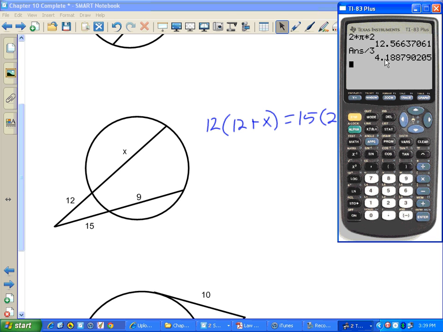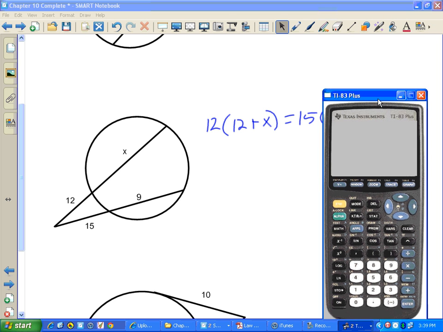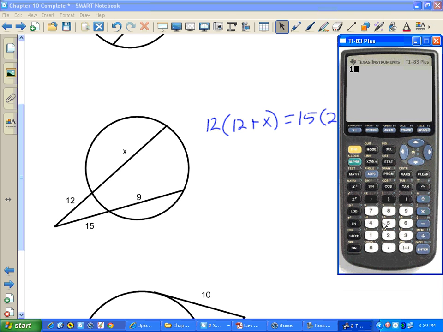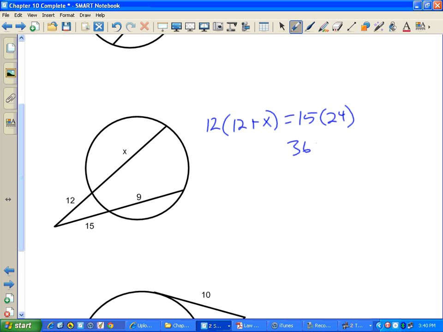Grab the calculator here. 15 times 24, I get 360. Here I'm going to distribute, so I get 144 plus 12x.